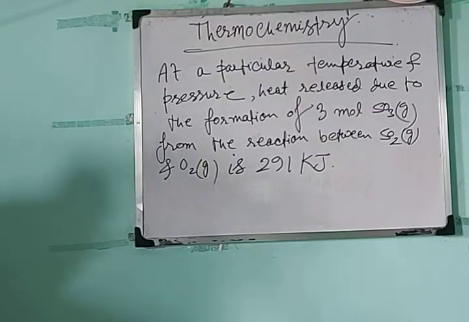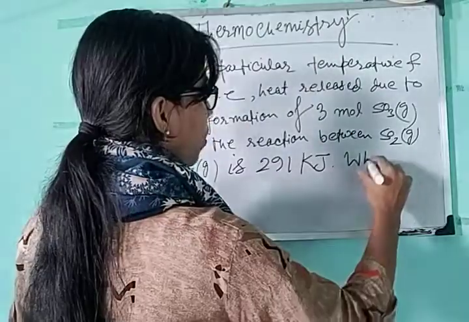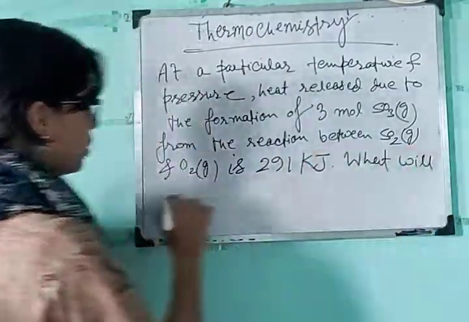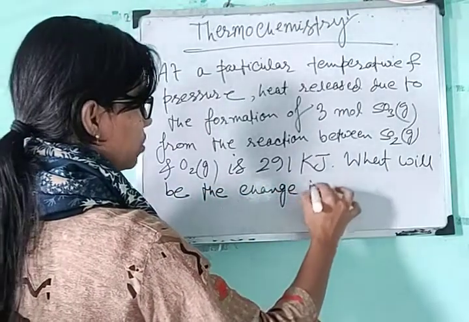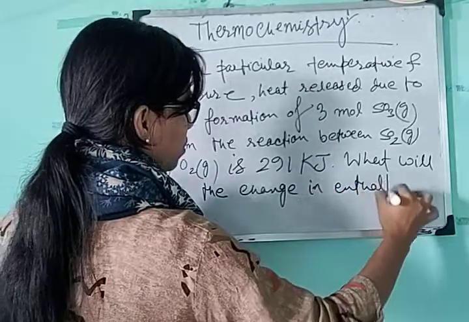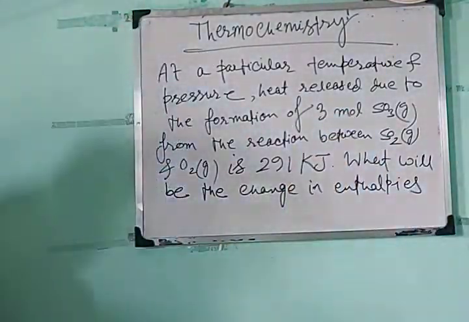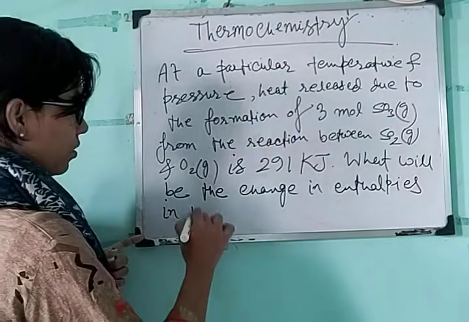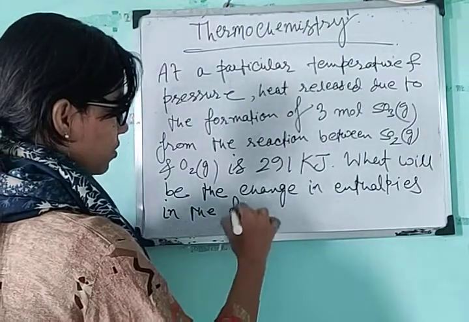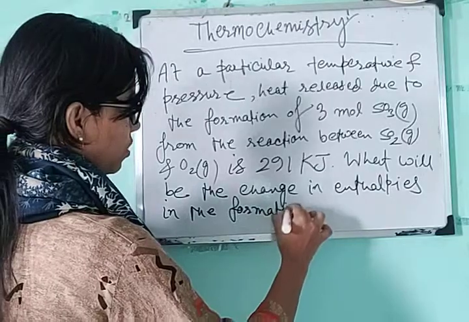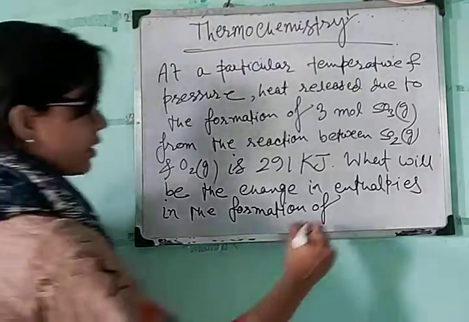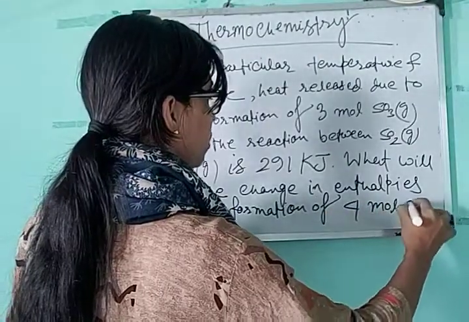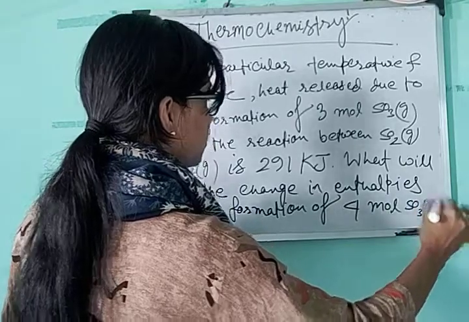What will be the change in enthalpies in the formation of 4 mole sulfur trioxide gas?